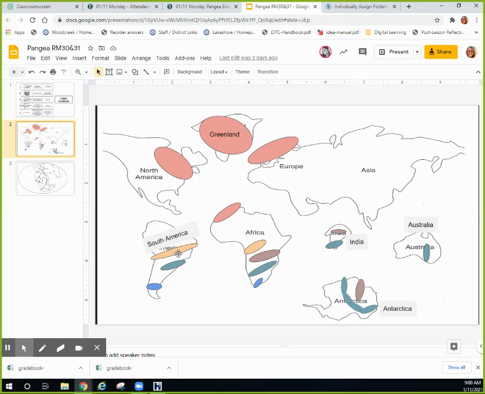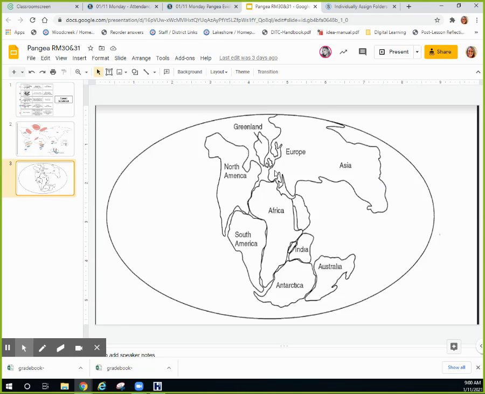So you can see how the fossils of each of these species were found all over the world. And so what we're going to do is virtually connect and show the relationship of those fossils in a Pangea time.